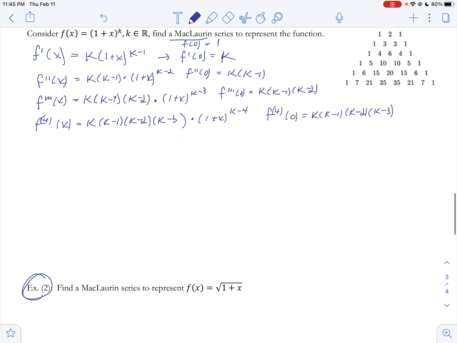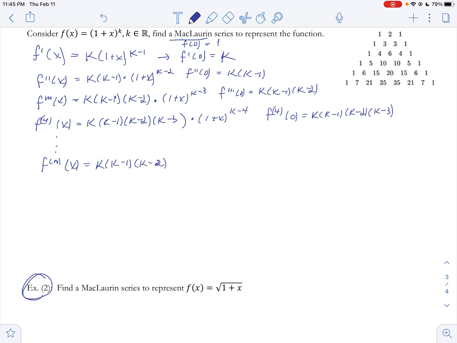And so, of course, the big question is, what is the nth derivative of f? And so here we have to look for the patterns, right? So clearly we're going to start with k and go to k minus 1, k minus 2, and so on. But the question is, how far are we going to go?